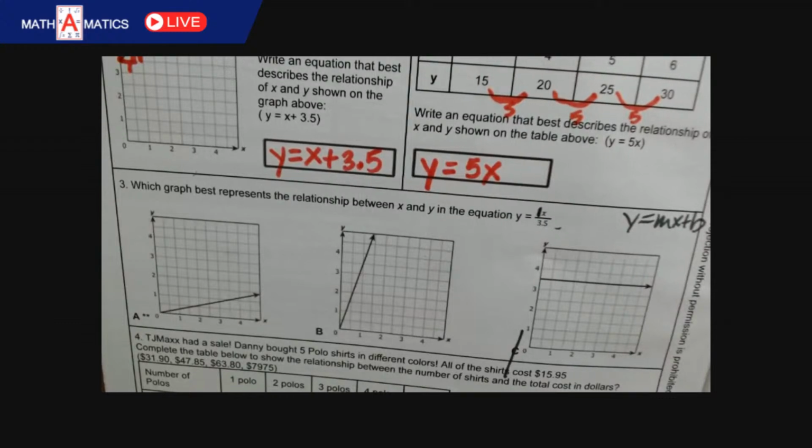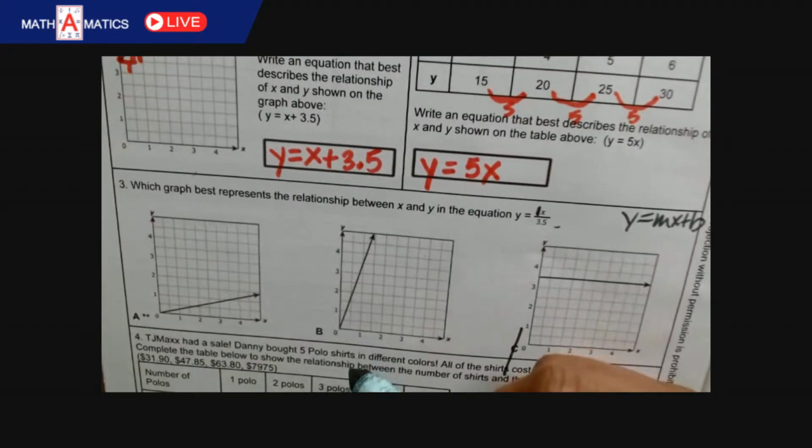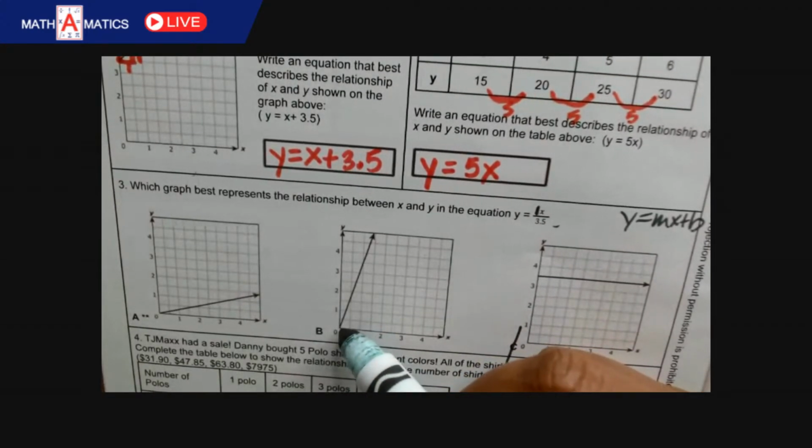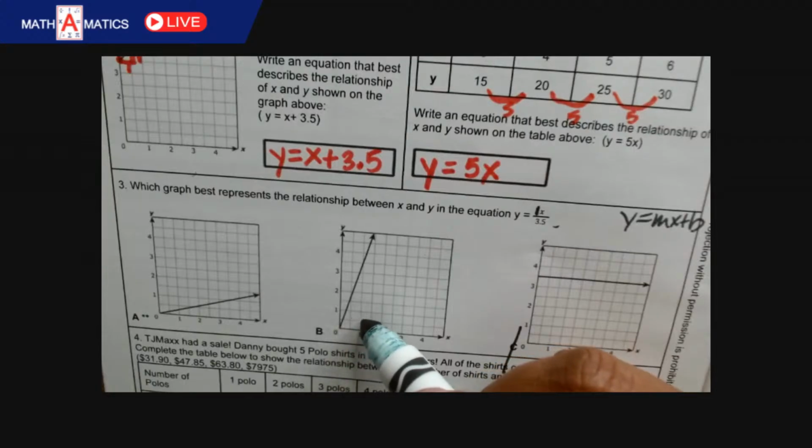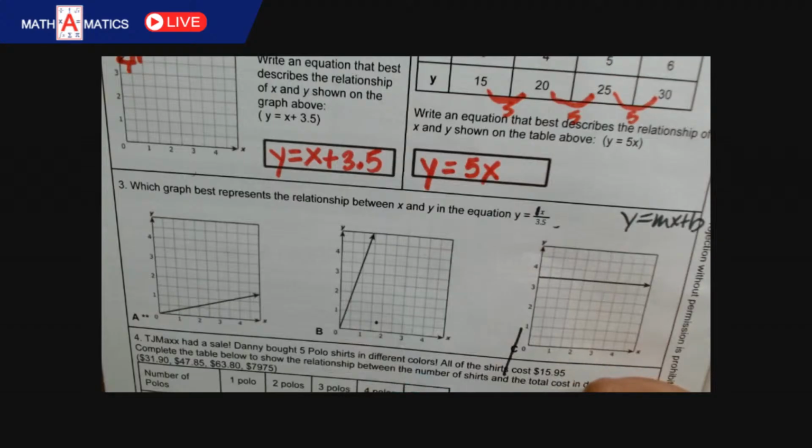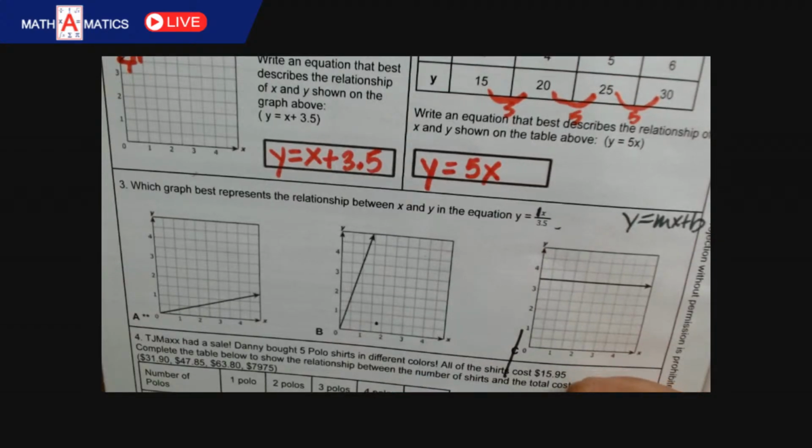So what we're really doing here, we're rising 1 and we're running 3.5. So we're moving over 3.5 from where we're rising. So we're going to try that out. We're going to rise 1 and we're going to move over 1, 2, 3, and 0.5 is just like half. So we should end up somewhere like that from that point.